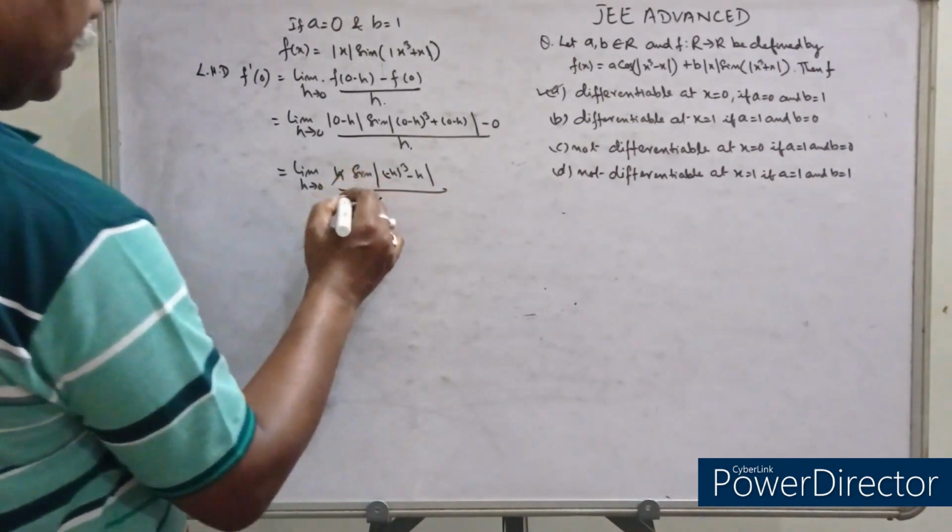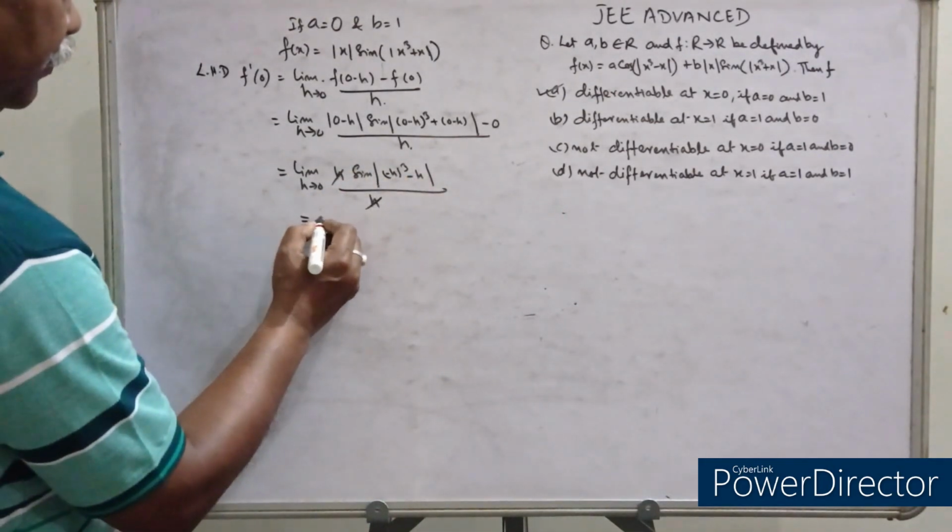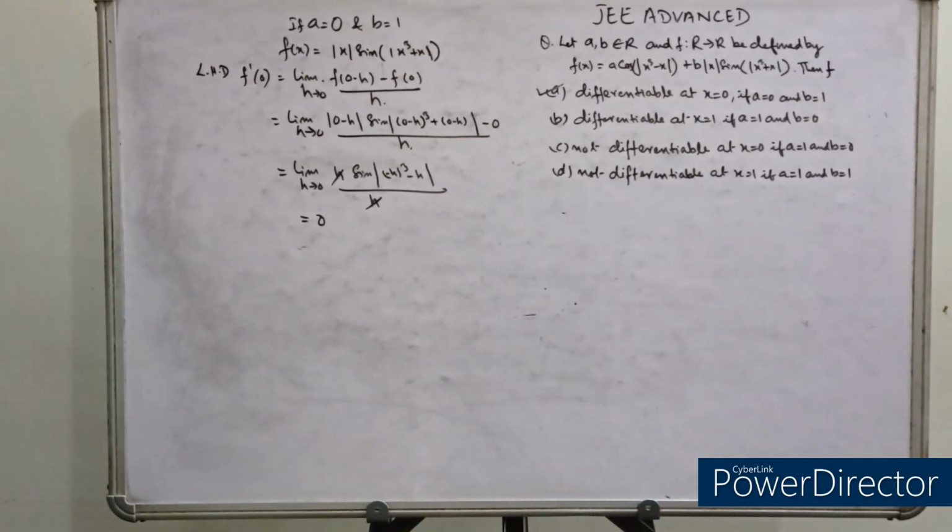This h cancels out, and this is sine 0, which is equal to 0. Now let me take the right hand derivative.